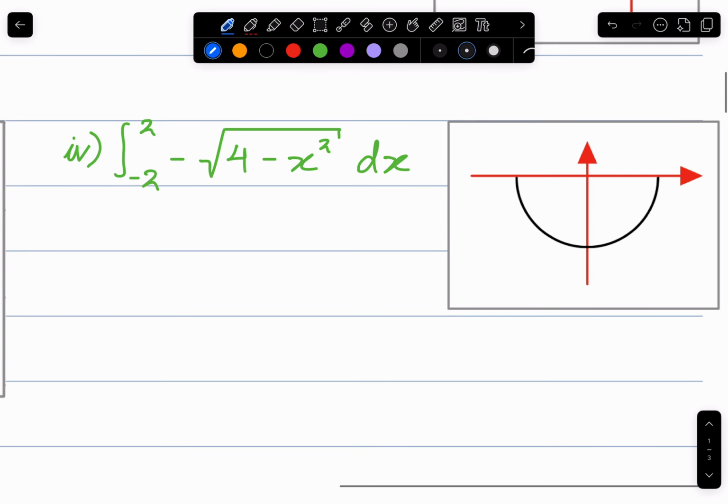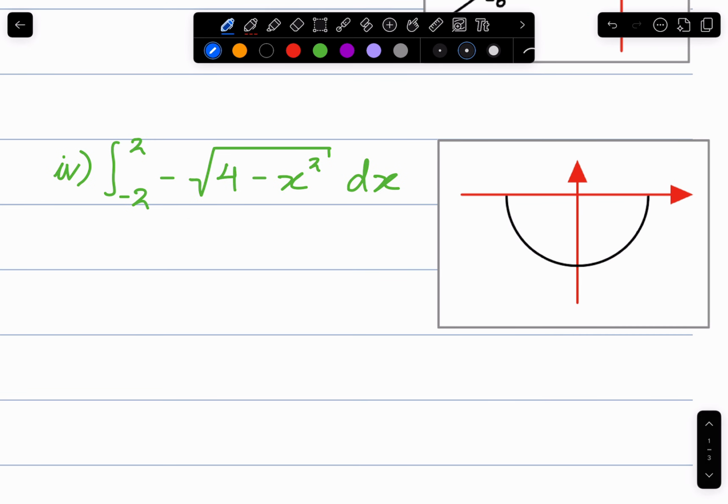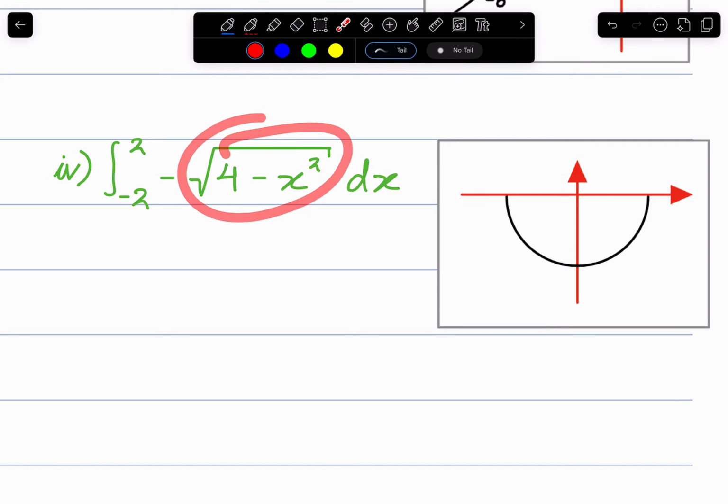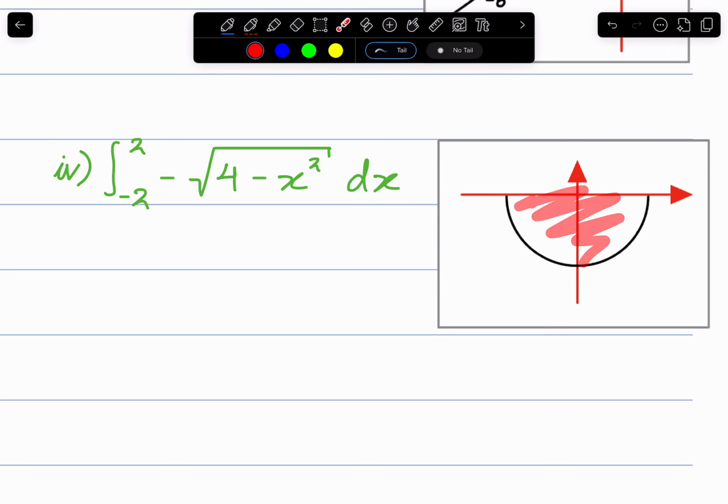Okay. In this one, this time I've actually shown the function of this, but this is still the graph of f of x. The reason why I show this is the integral of this function is actually rather difficult. But since we know it's just asking for the area of this curve, it's merely just going to give us the area of a half circle.